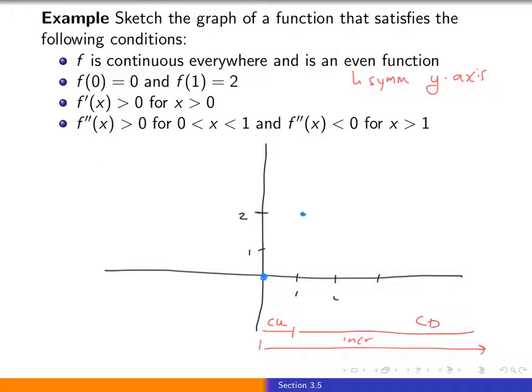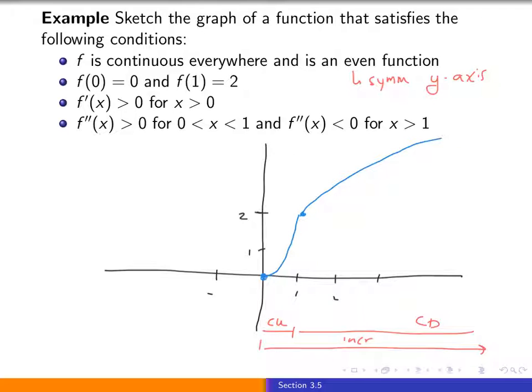Because it's even, we're going to sketch what happens for positive x values, and then to complete our graph, we are going to reflect over the y-axis. So starting at the origin, going to the point 1, 2, we're increasing, concave up. But right when we hit that point 1, 2, we continue increasing, but we're now concave down.